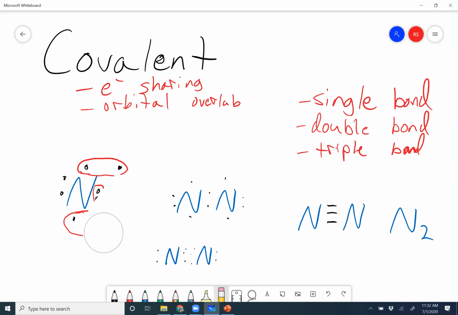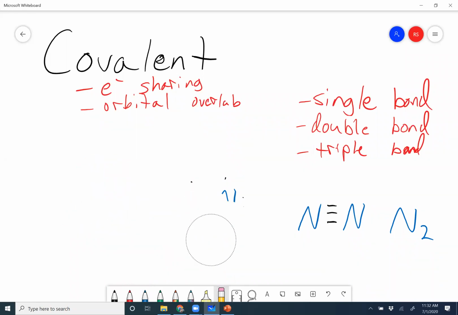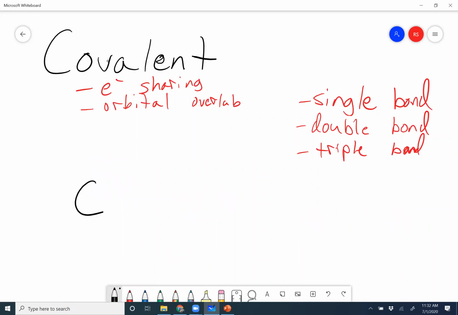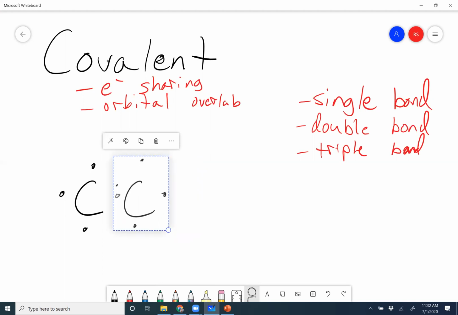So if there's single, if there's double, if there's triple, then is there quadruple? And the answer is no. Carbon, the carbon group, is our only group on the periodic table that has 4 bonding electrons. So if carbon was going to hang out with another carbon, then they're going to come together and they're going to bond like so.